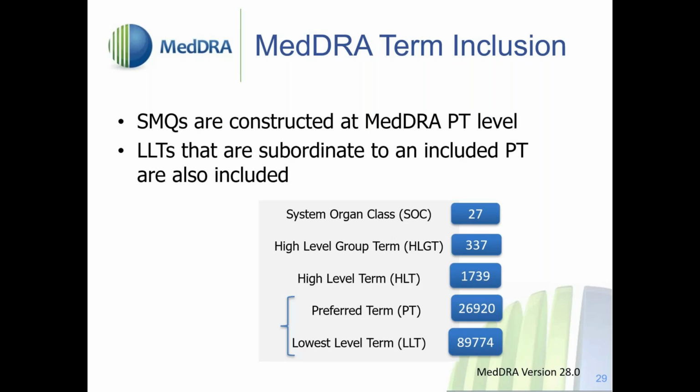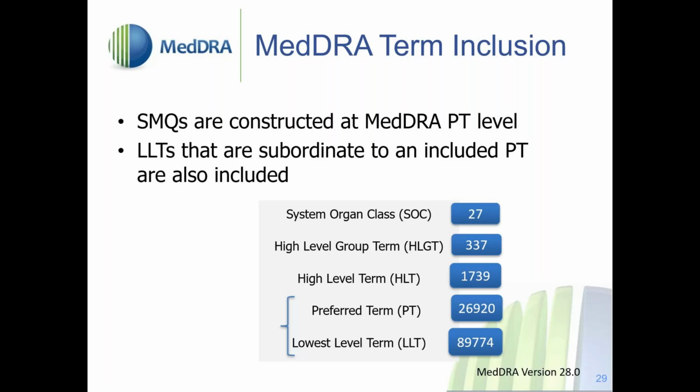And the HLTs themselves also get grouped together in a medically meaningful way to the HLGT level, the high level group terms. And the HLGTs themselves are also grouped into 27 system organ classes. And this final grouping is either by etiology or manifestation or purpose.